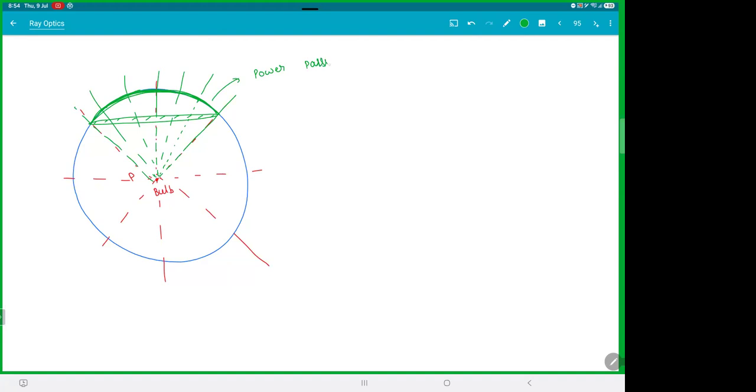Same photons will pass through them. In electrostatics, we saw this thing as flux, if you remember. The power passing through that shaded area is the same as the power passing through the disk, because the same amount of photons will pass through them.